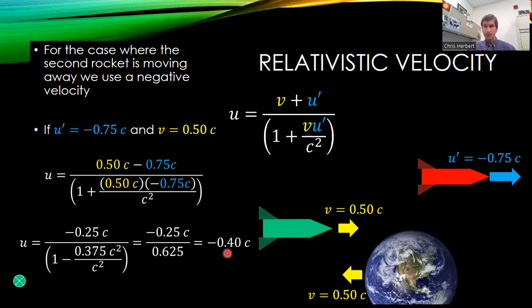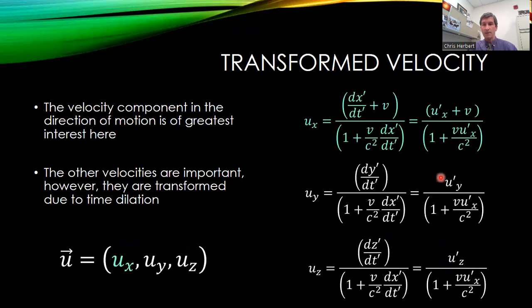Now, again, this was all lined up. The relative motion of the Earth in my frame of reference was in the X direction. The motion of the red spaceship was also all in the X direction. If there's a Y component or a Z component to this red spaceship, then I need to go back to these equations right here and include those transformations for those components.